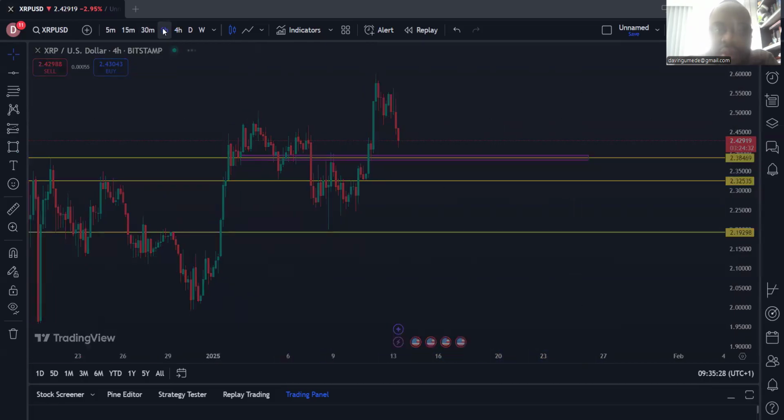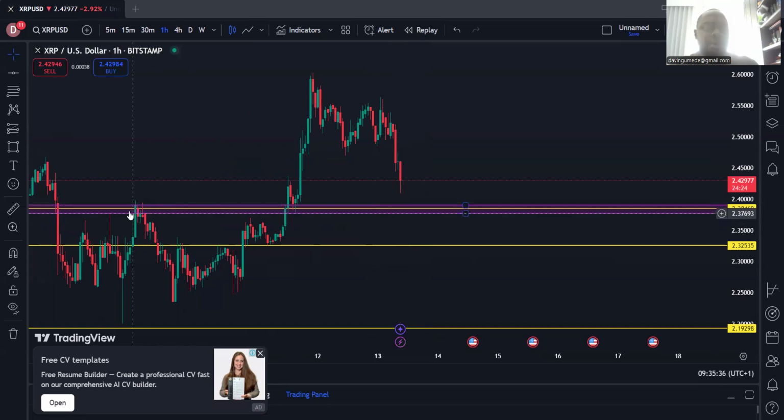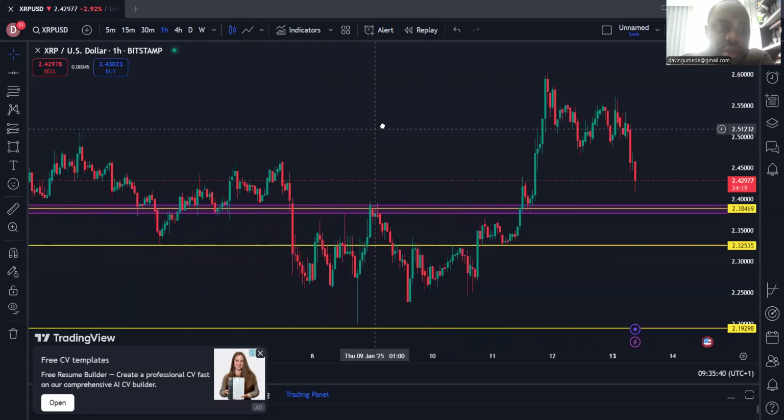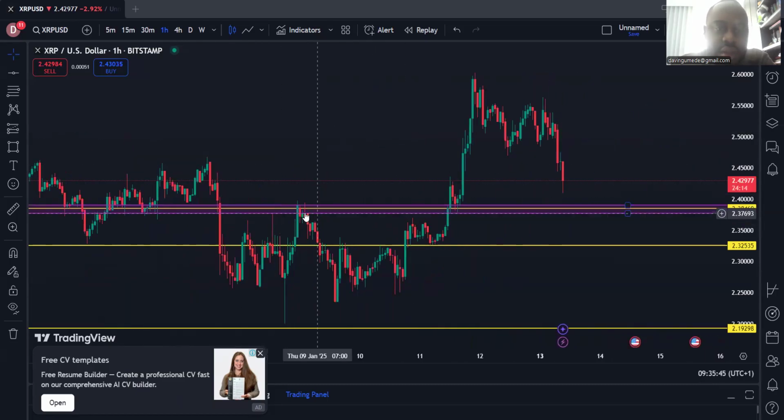Zoom onto 1 hour. We could see price coming through retesting this area as is. As you can see on the 1 hour, price really rejecting this area decently. And you can see price broke through, created a high, dropped, came down, retested, created a W in this formation. Let me just show you.